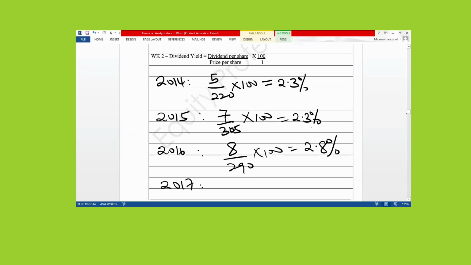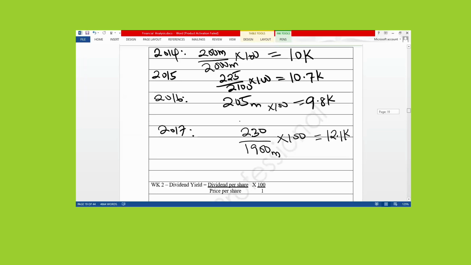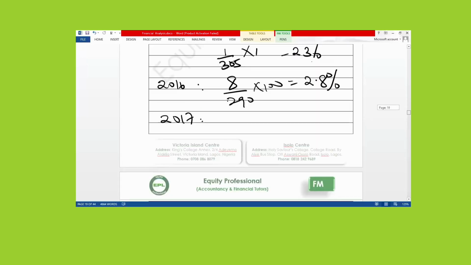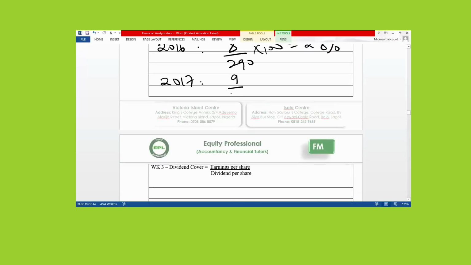2017, your dividend yield. Dividend 9 divided by 260, multiplied by 100. What do you have? 3.5%.